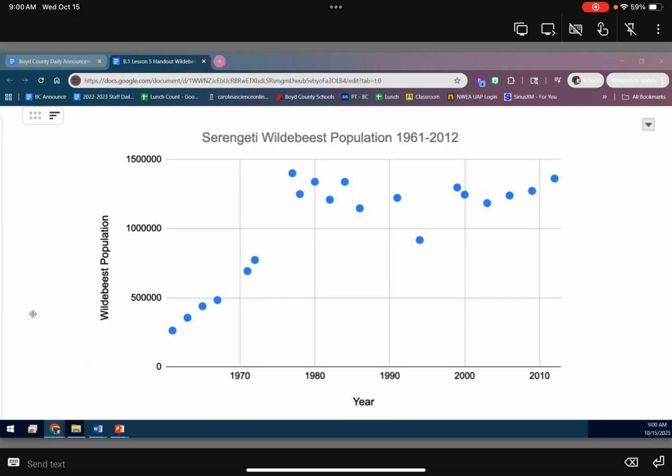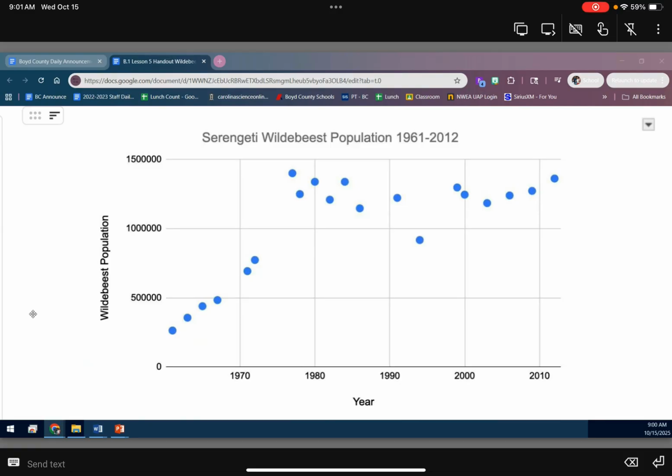Okay, question number 2. Before 1960, a disease called rinderpest was killing many of the animals in the Serengeti. The disease spread from domestic cattle to wild animals like wildebeest and buffalo. In the early 1960s, cattle began being vaccinated against rinderpest. By 2011, rinderpest was considered to be completely eliminated.